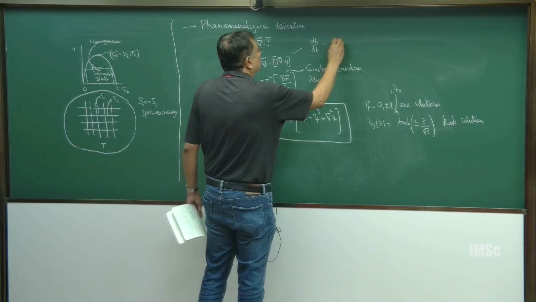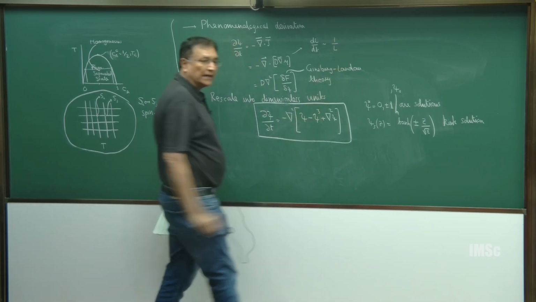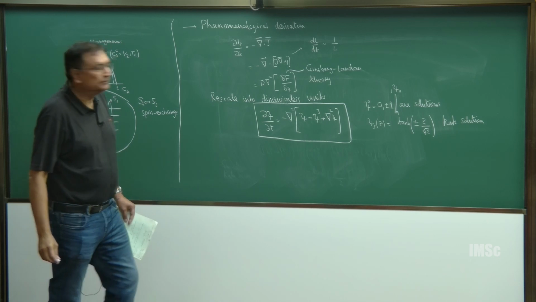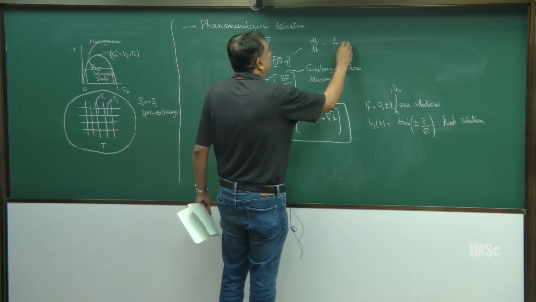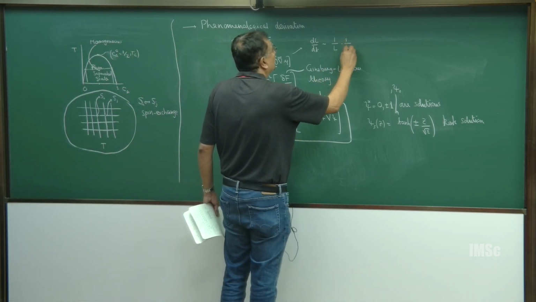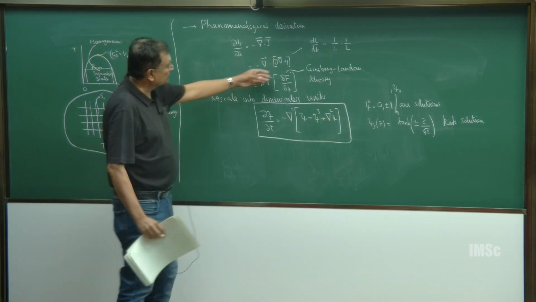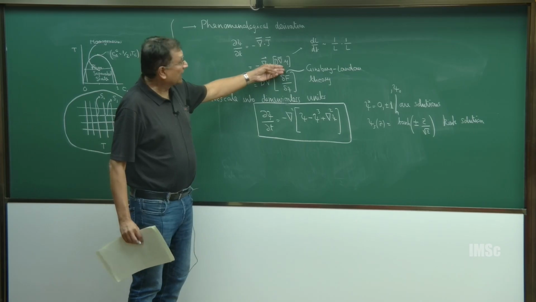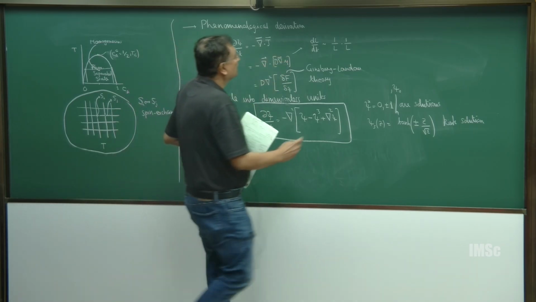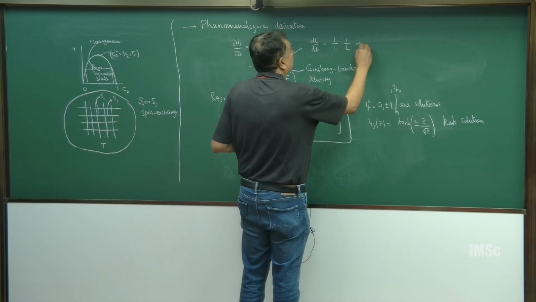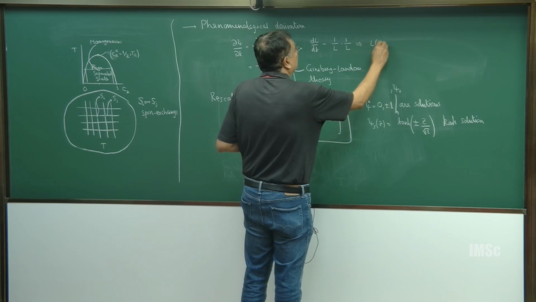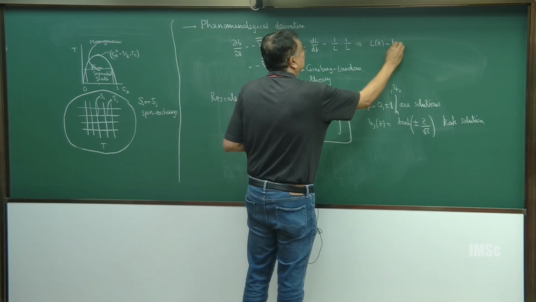The chemical potential is 1 over L, that is what is called the Gibbs-Thompson boundary condition, and the gradient gives an extra factor of 1 over L. Okay, just dimensional analysis of this equation. Okay, and obviously this integrates up to give L(t) goes as t raised to power 1/3.